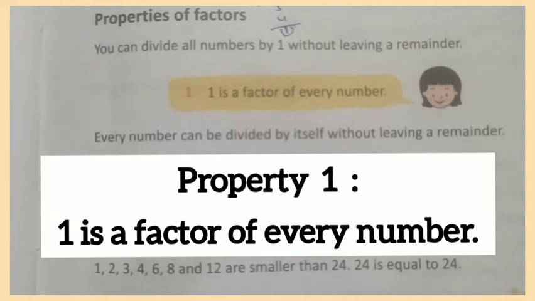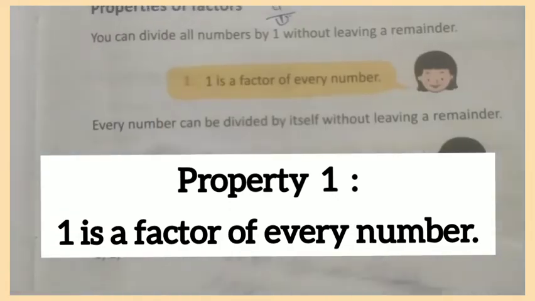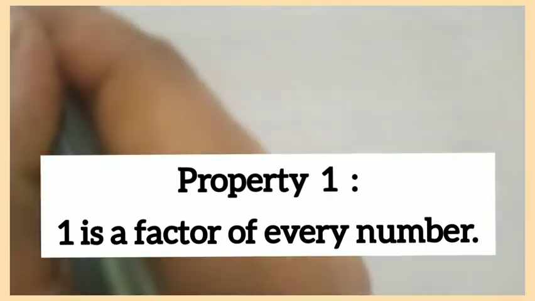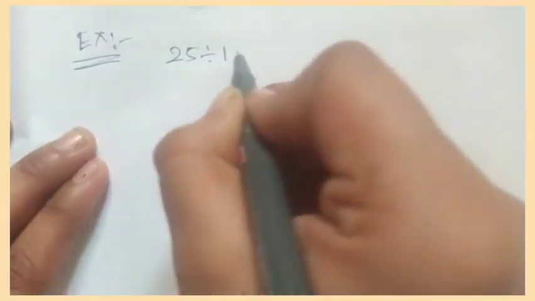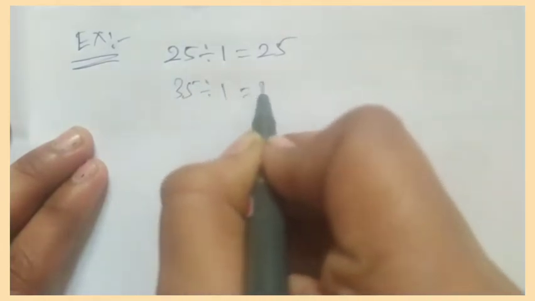We can divide any number by 1. So 1 is a factor of every number. For example, look here, 25 divided by 1 equals 25. 35 divided by 1 equals 35.